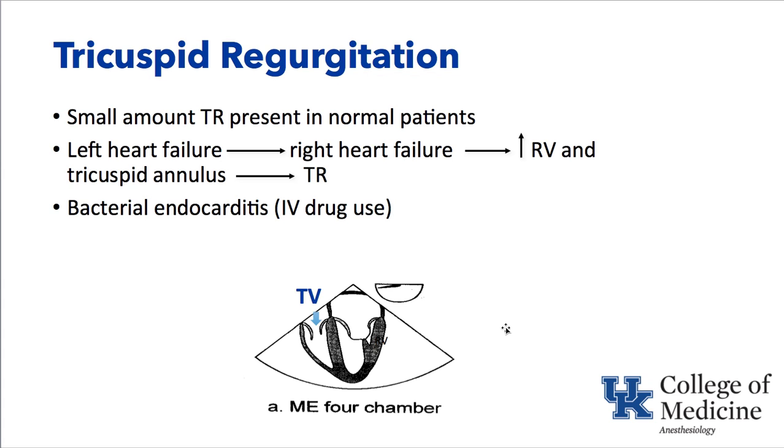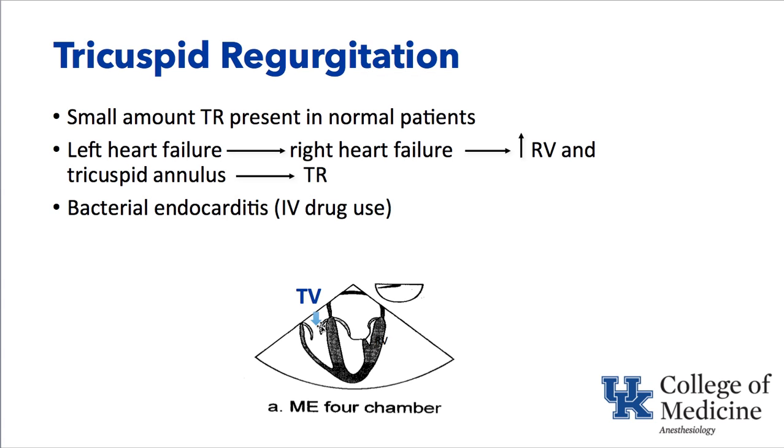Tricuspid regurgitation. About 80+% of us have some amount of TR, and so if you do an echo on most patients, there's a little bit of tricuspid regurgitation. And the classic view from transesophageal echo is the mid-esophageal four-chamber view, in which you see the left atrium, the left ventricle, right atrium, right ventricle, the tricuspid valve, and the mitral valve.